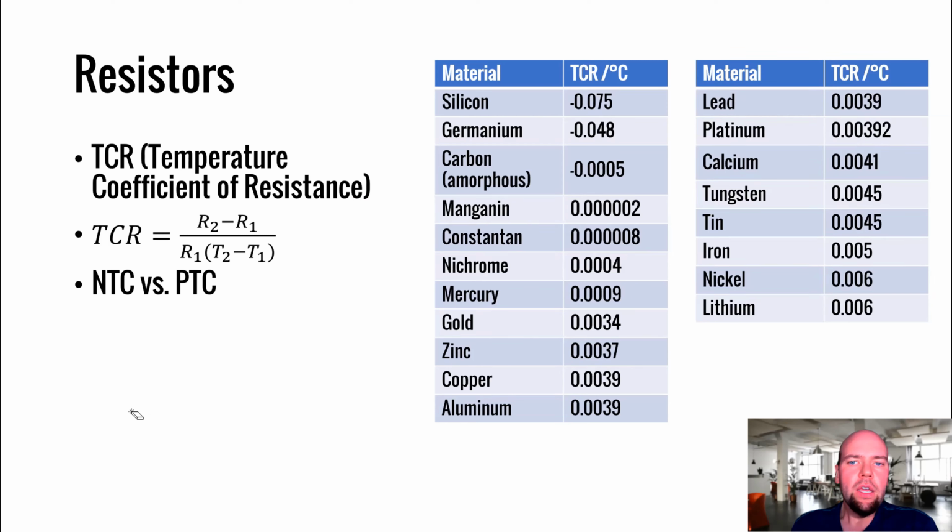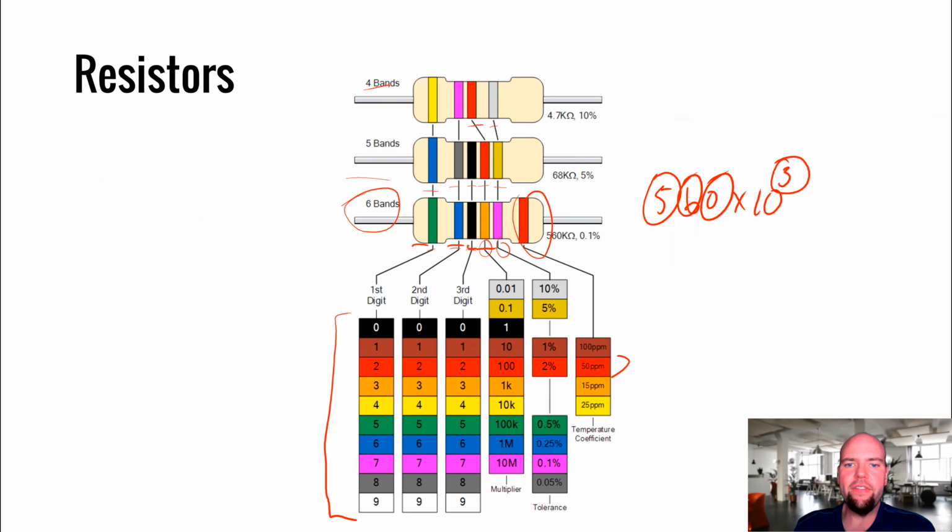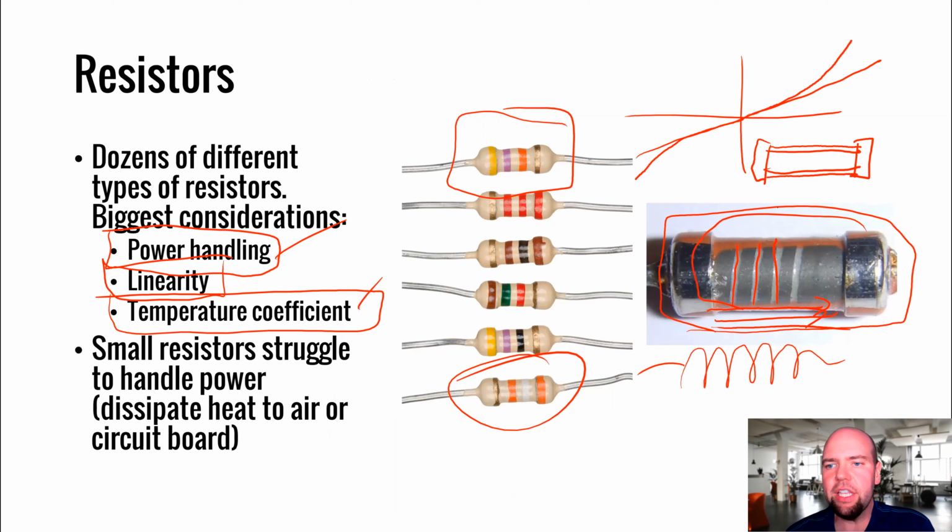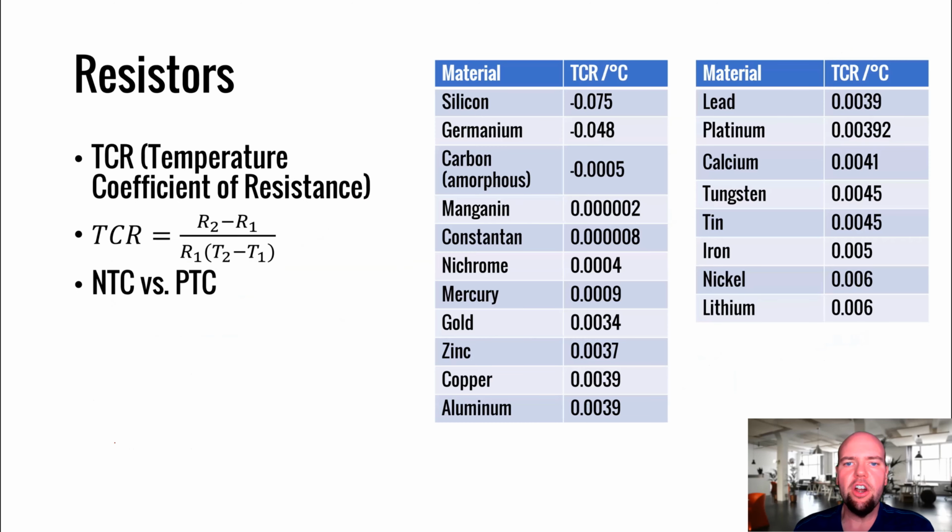So, temperature coefficient. I said previously that these are typically carbon film resistors, and if we look at carbon film, it's listed here. The TCR, which is temperature coefficient of resistance, is a ratio of resistance change to temperature change.